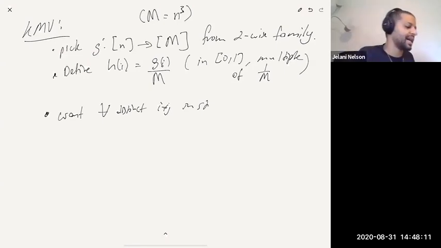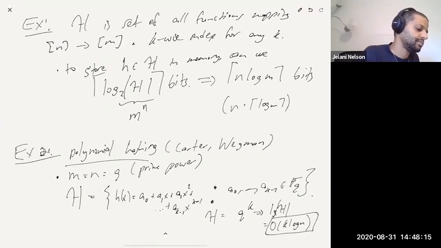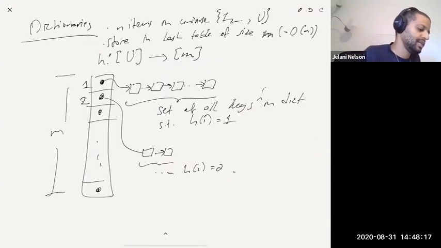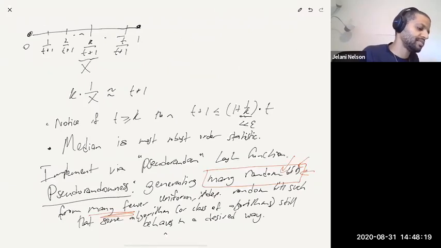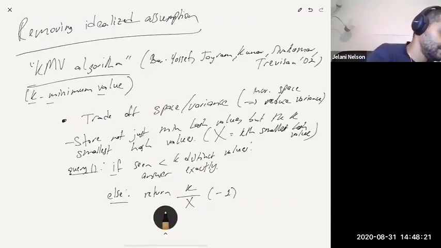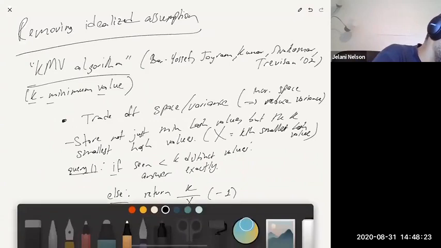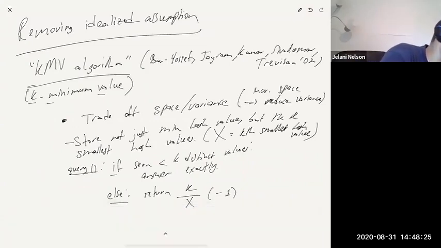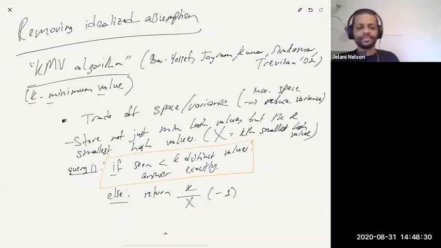Remember, if you look back at the algorithm for KMV, which is right here, we had this part here, which is if you've seen less than k distinct values, we know the answer exactly.